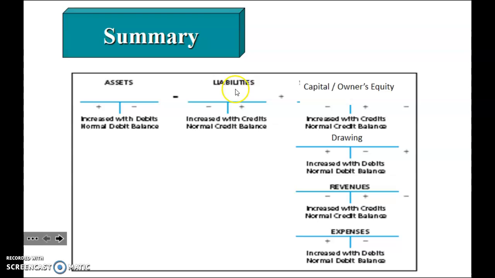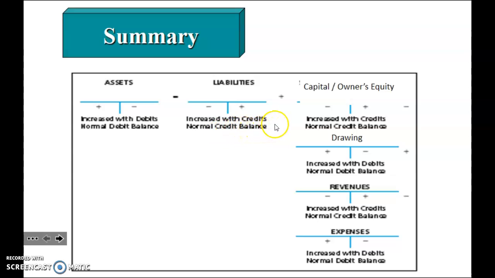So liabilities have a normal credit balance. They increase with credits, so if you were increasing, you would enter it on the right side of the T account. Because they increase with credits, they have a normal credit balance.